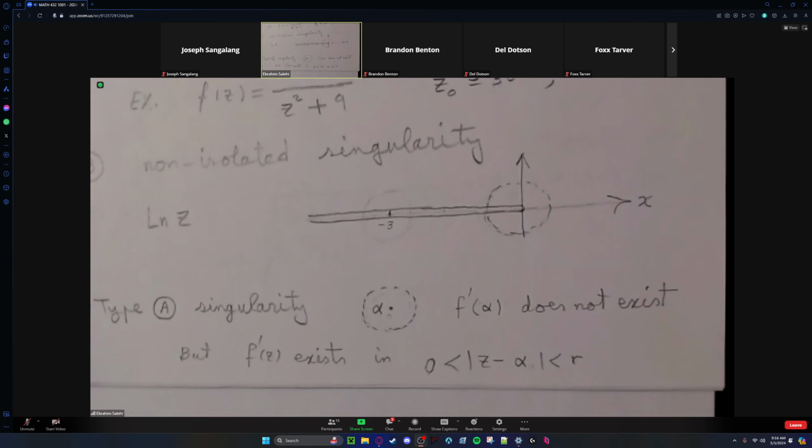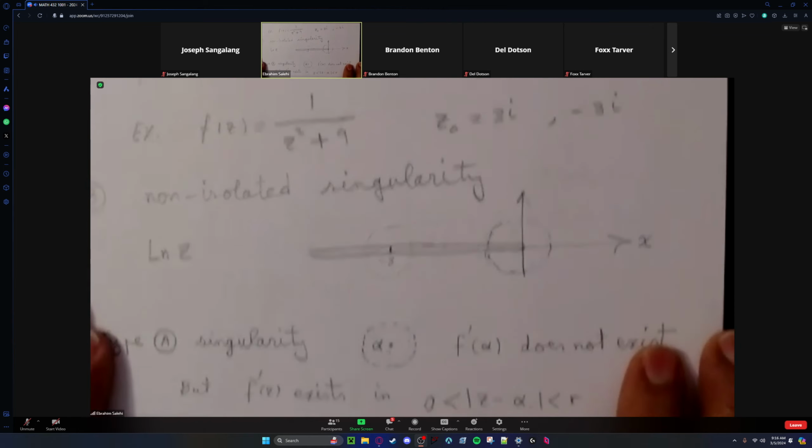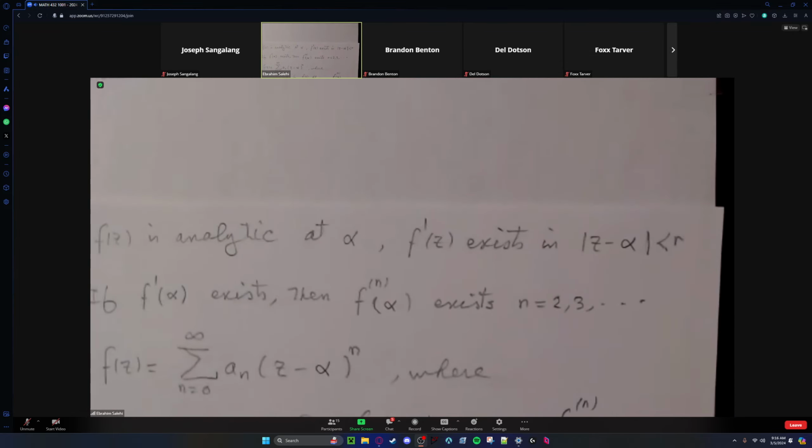How do we classify them? Well, by writing the Laurent series centered at this point. If this is a bad point, clearly we are going to have negative powers of z minus alpha, right? Okay, good. Let's classify them.